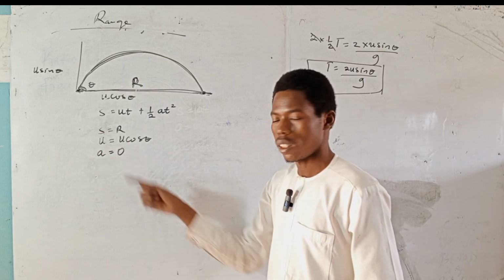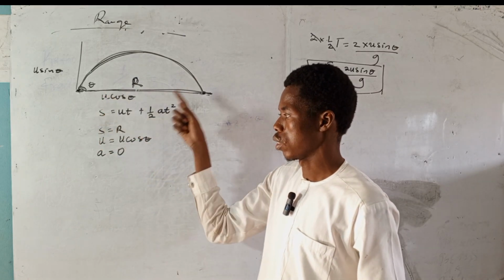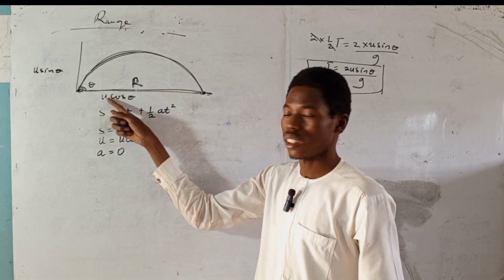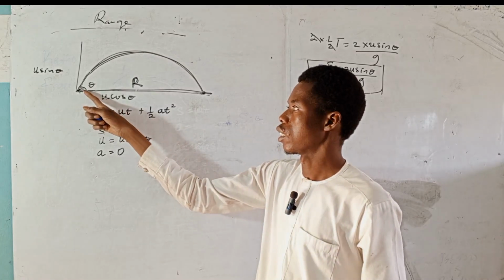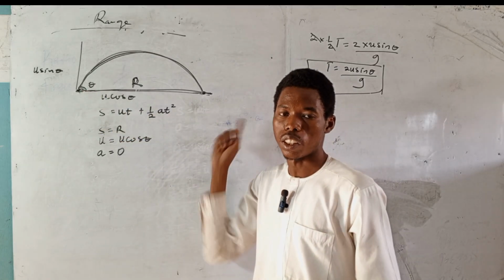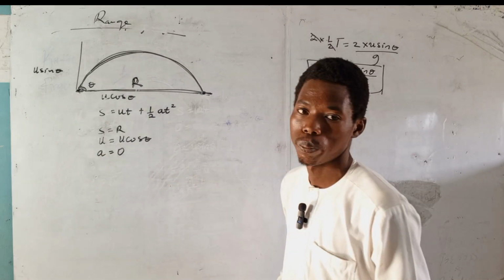The reason why a is 0 is that there is no acceleration. That means there is no change in velocity when the projectile is moving horizontally. There is no effect of acceleration due to gravity. So a is equal to 0.